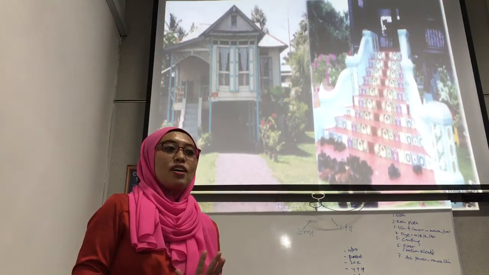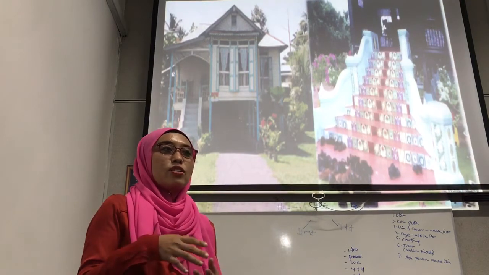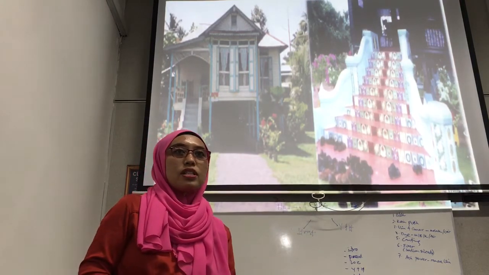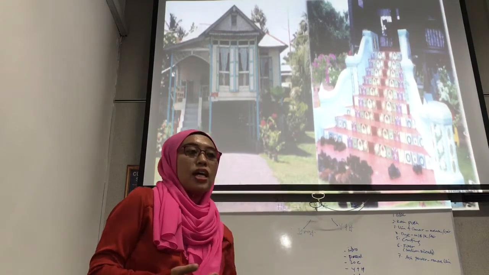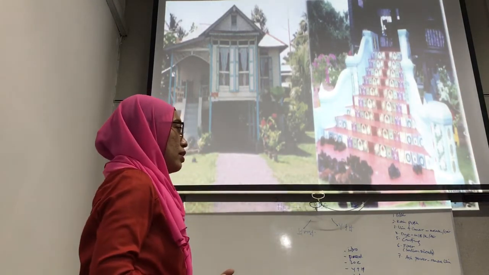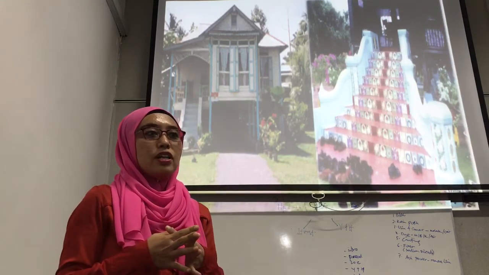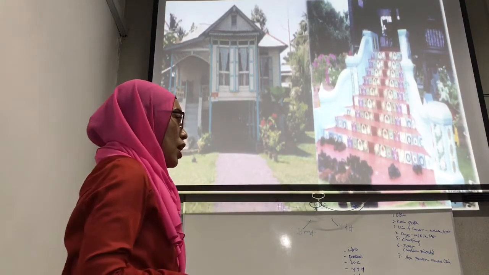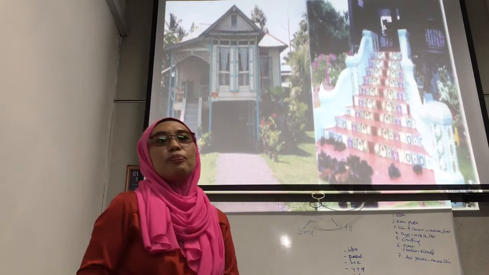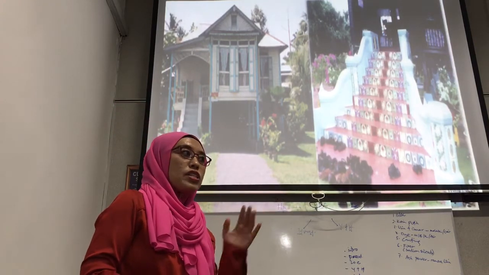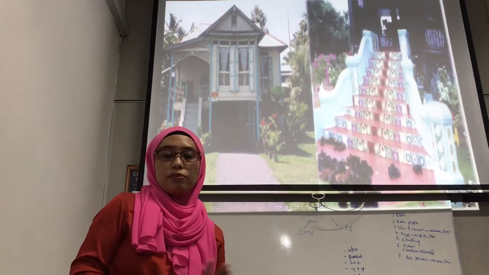This traditional Malay house actually is a timber house raised on stilts. This is because the house owner wants to avoid the flood and poisonous animals, and for air ventilation. And for your information, ladies and gentlemen, the design of the house depends on the house owner itself.